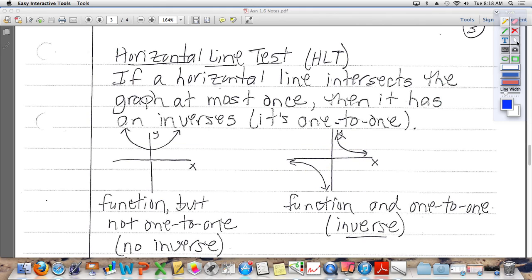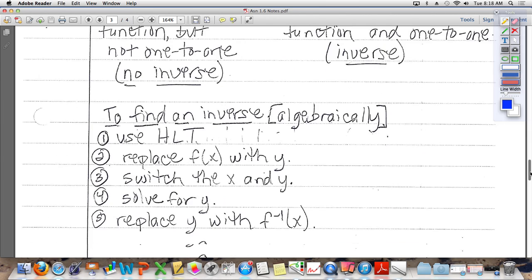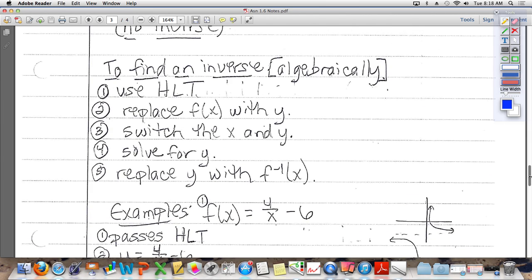But let's start talking about the algebra part of that, because that's really what you guys need to be comfortable with. Yesterday, I do not think I had you write this down, so today I want you to write them down. To find an inverse algebraically, the first thing that you need to do is decide if it has an inverse.